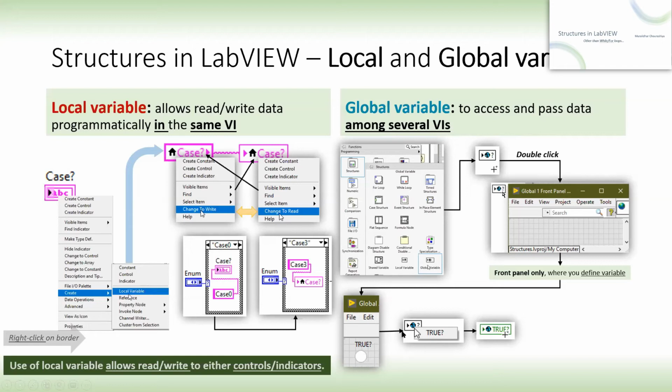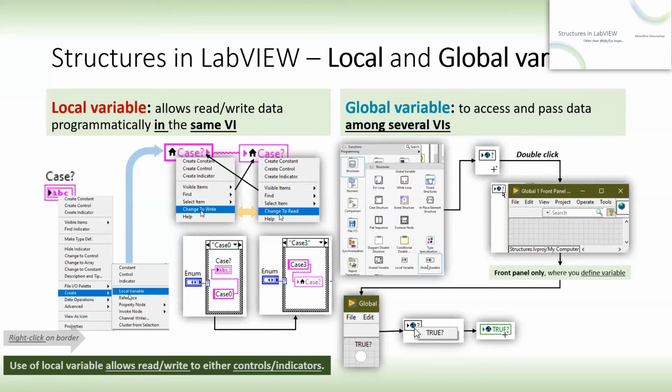When you define it, you click on it and it will show you that some value is there, and you can use it. When you select that and click on it, it will appear like this. So now it is one variable which allows you to read and write boolean data. And you can use this value in different VIs of the same project.